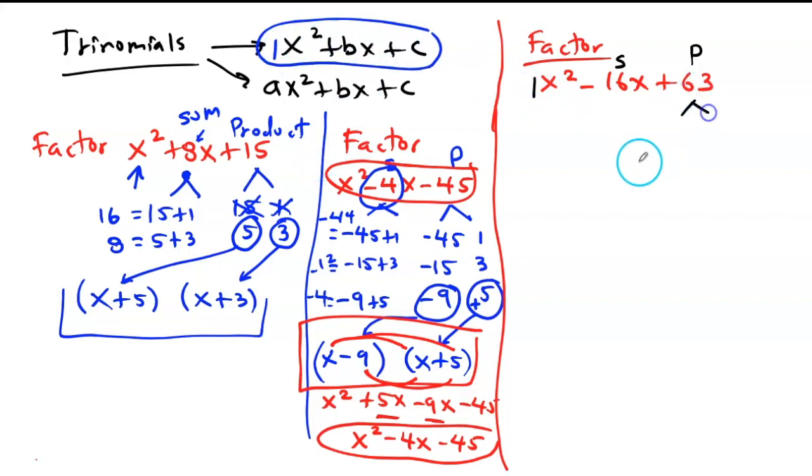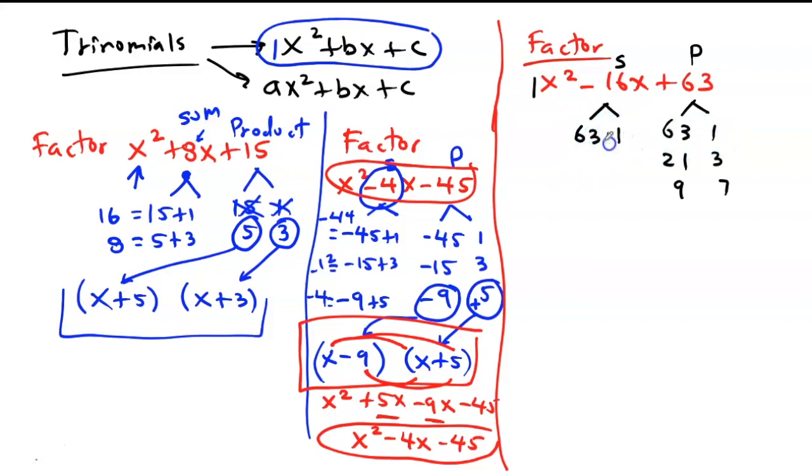Break the number 63. I guess it's 21 and 3, and I guess it's 9 times 7. Anything else that I'm missing? I don't know. Okay, what about here? I have to bring those two numbers and check.